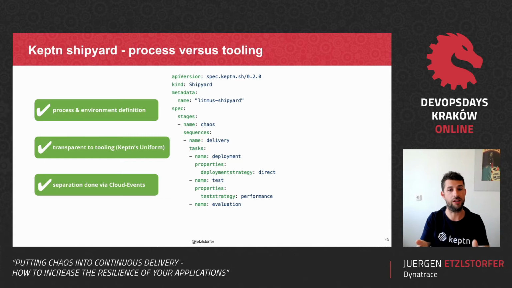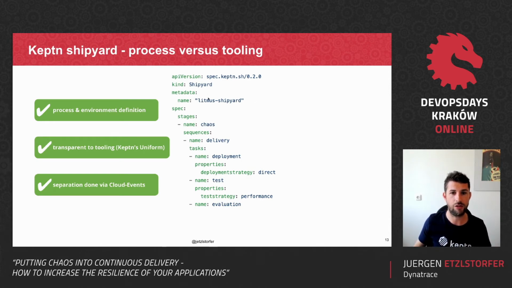So in the shipyard file, and Keptn in German sounds like the captain of a ship, so we have a lot of nautical terms, let's say. We have the shipyard, which defines the process and our environments.